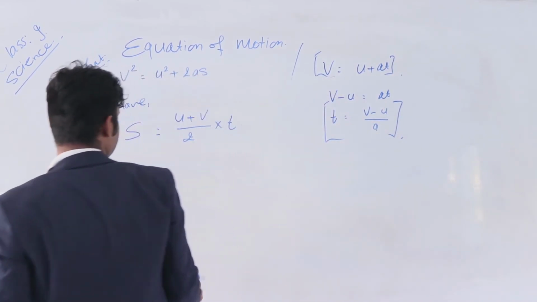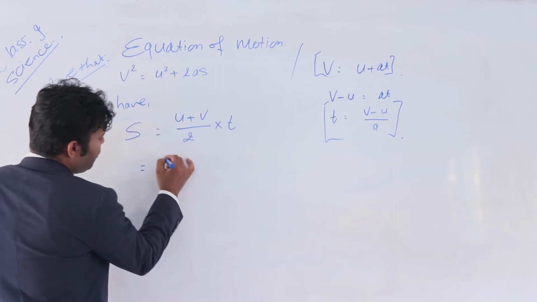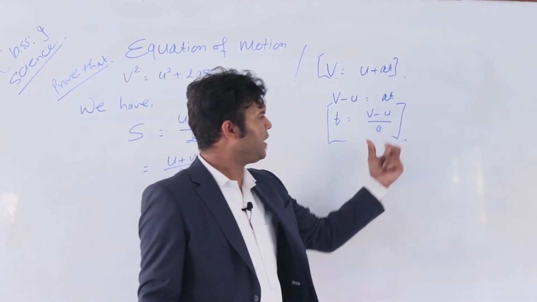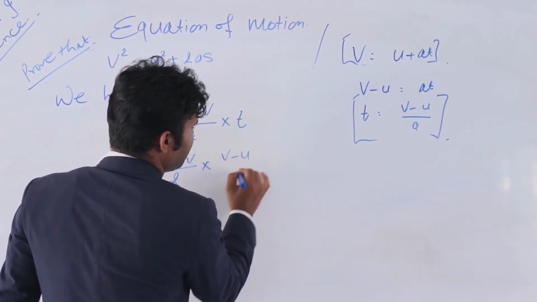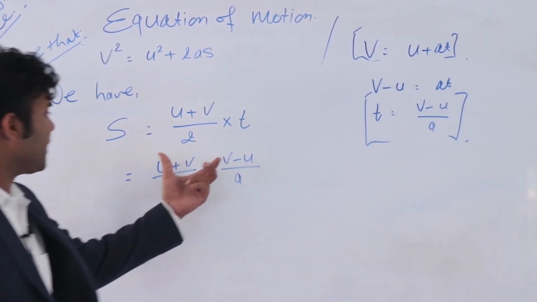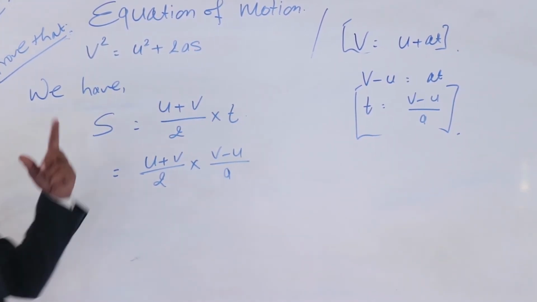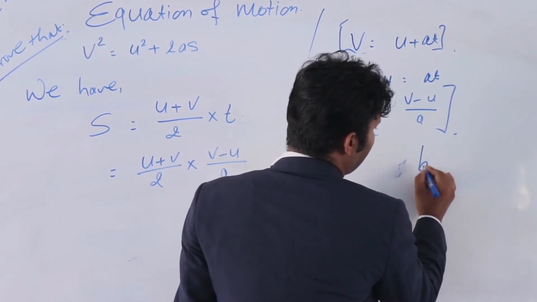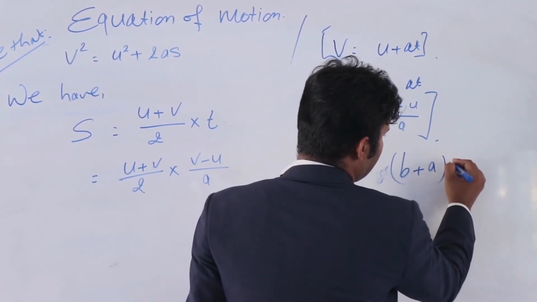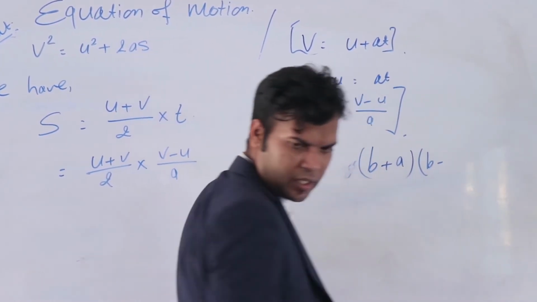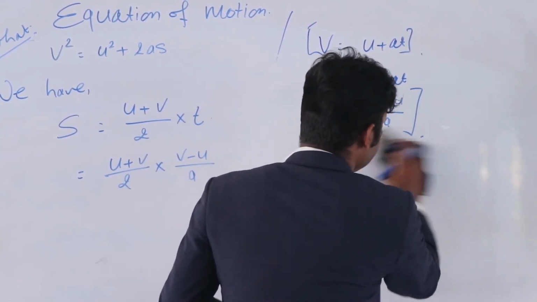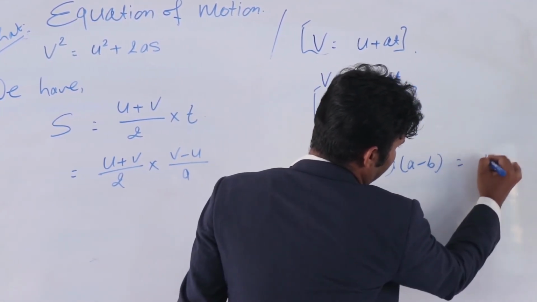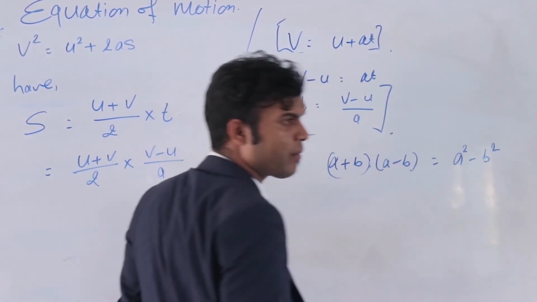Okay students, look here. U plus V upon 2 into the value of T, which is V minus U upon A. We know one formula in mathematics: a plus b into a minus b is equal to a square minus b square.